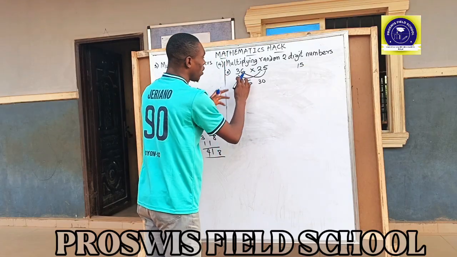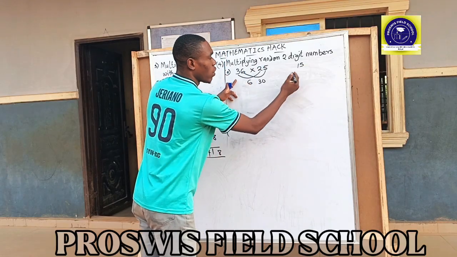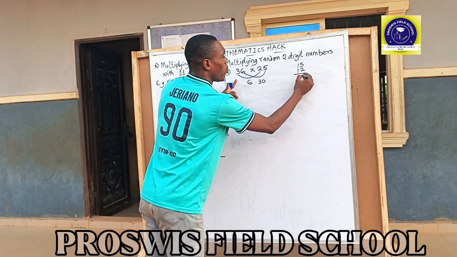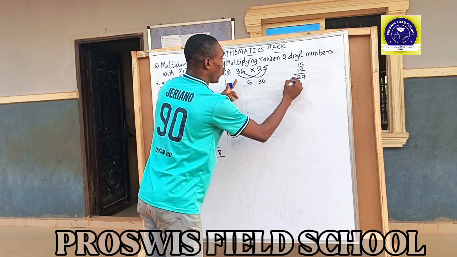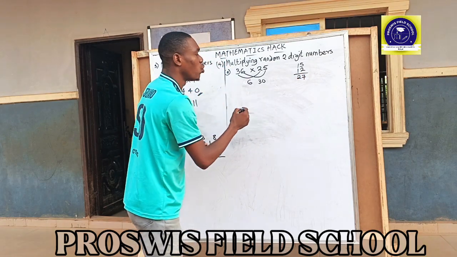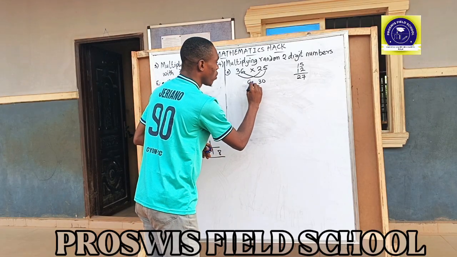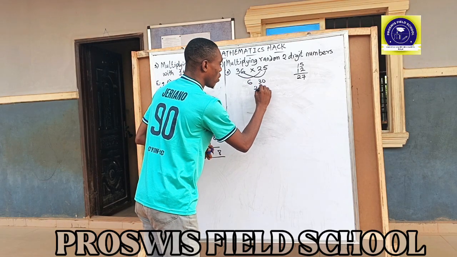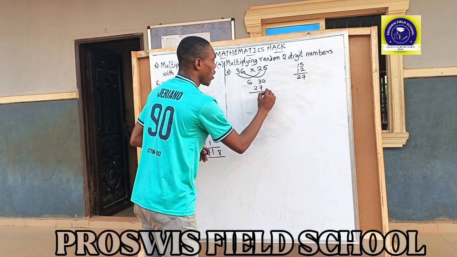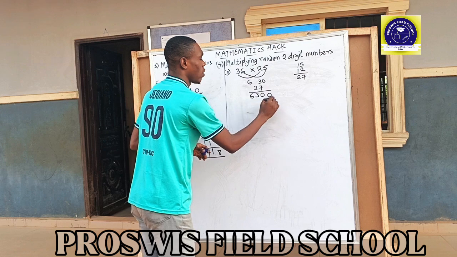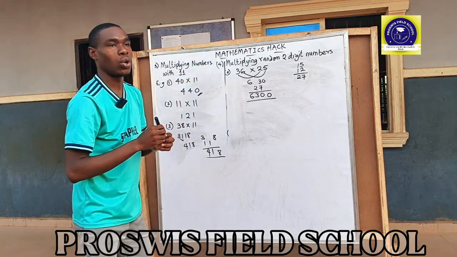You write that at the side. 6 times 2 is what? 12. The add up is what? 27. Now the 27 will be written as this. You place it like this, and then you're having 0, 0, 3, and then 6. This becomes a multiplication of it.